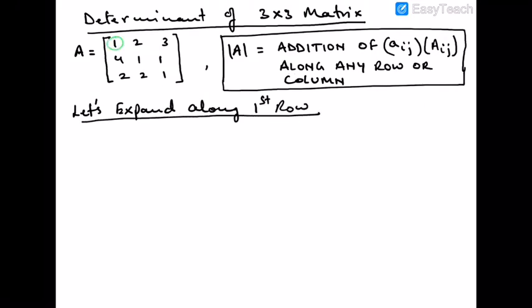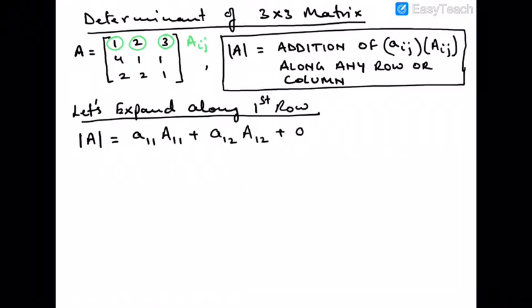Therefore, the determinant of A is equal to A11 times the cofactor of A11 plus A12 times the cofactor of A12 plus A13 times the cofactor of A13. Now the first element in the first row is 1, that is A11 is 1, similarly A12 is 2, A13 is 3.